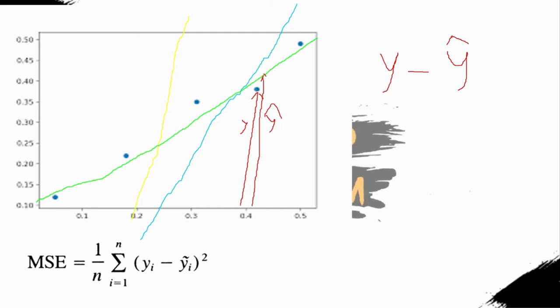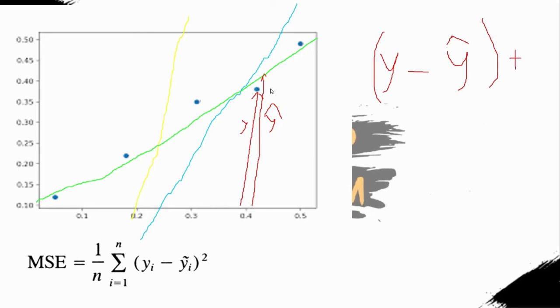Now, I want this not for a single point. I want this for all general points. I want it for this point, this point, this point, and this point as well. So either you take up a line and test for each and every point, or you add all these errors.